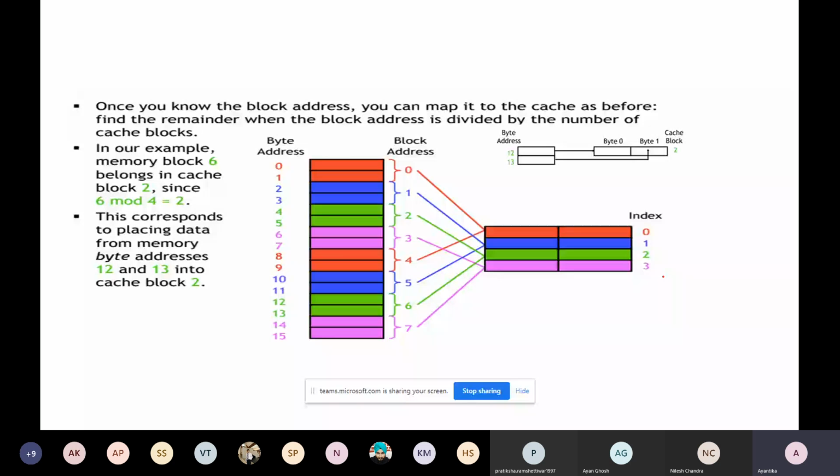Here you can see this is divided into different blocks, and according to the color convention, the red blocks are mapped to this red cache line. These blue blocks are mapped to this blue cache line, and so on.